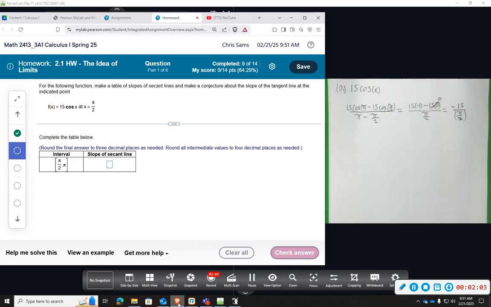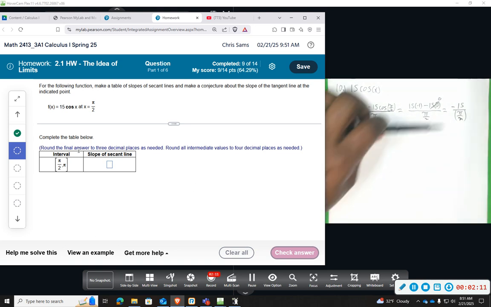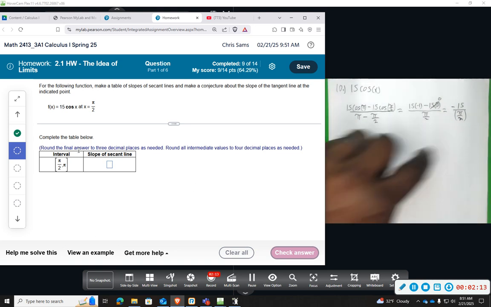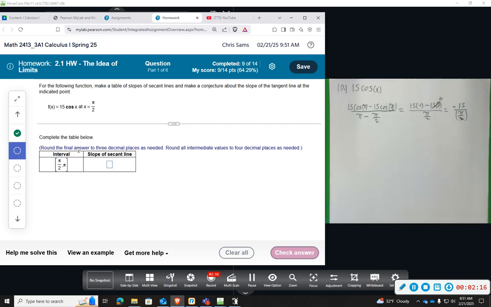And according to the system, we want to round our answer to 3 decimal places, so we can just type it in the computer at this point, or calculator. We can simplify, but we'll have to use technology to get 3 decimal places with pi.